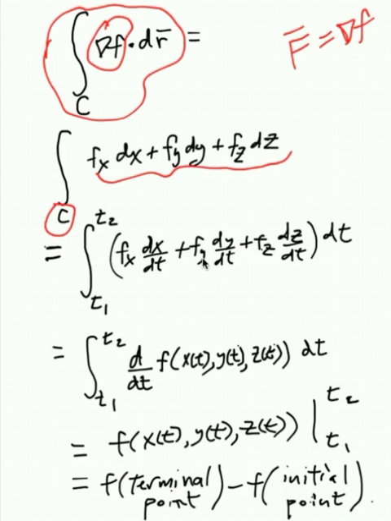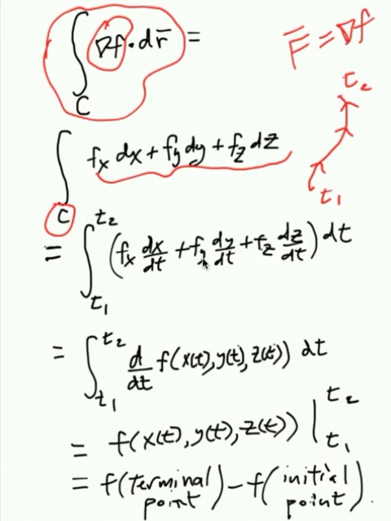Now what I'm going to do is imagine that C is nice and smooth, and it's going to be parameterized by, say, t. Here's our C. We'll be going from the initial point at t1 to the terminal point at t2.